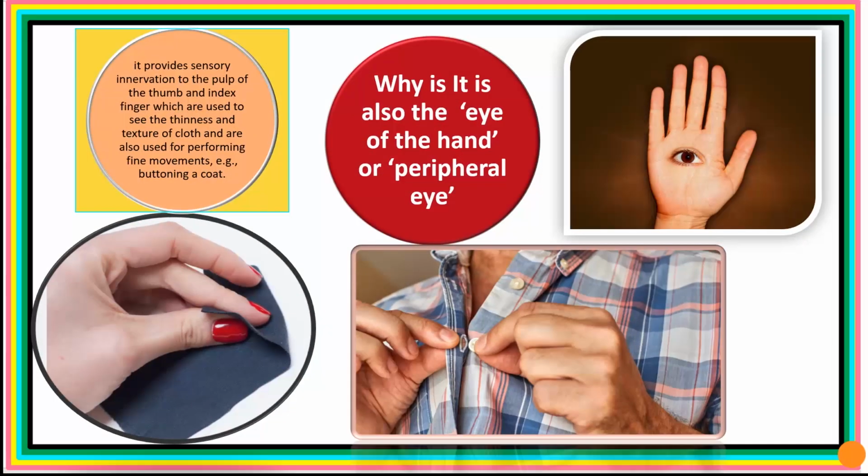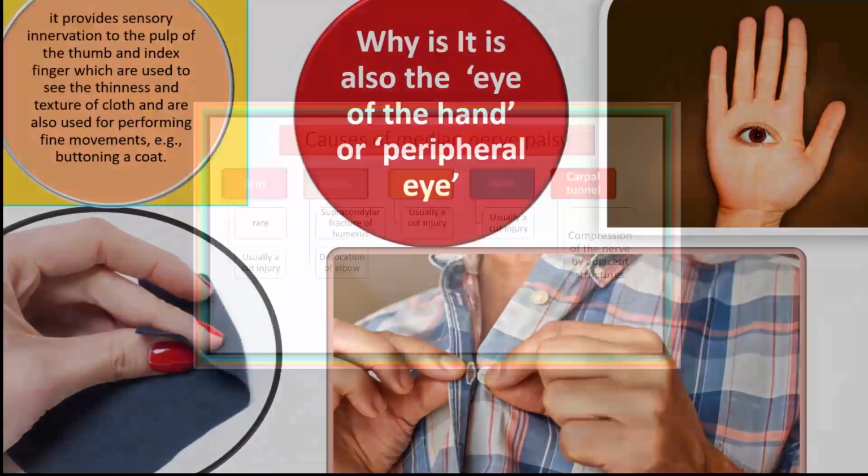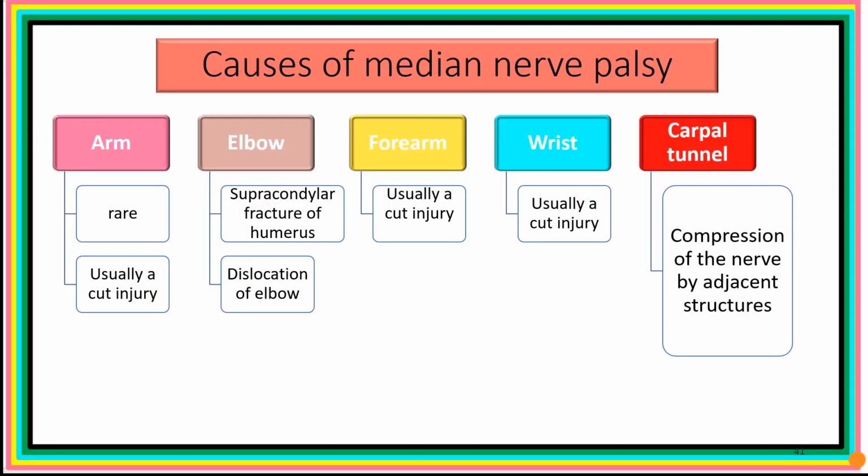Now we are set to look at the lesions that affect the median nerve and the consequences. Several things can cause median nerve palsy, and some of them are rare, while some of them are not.